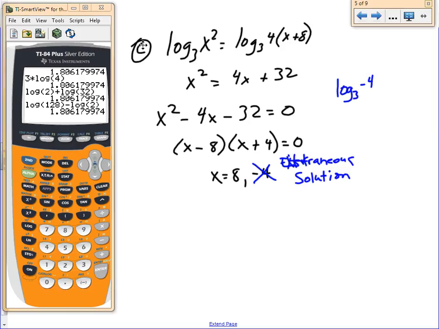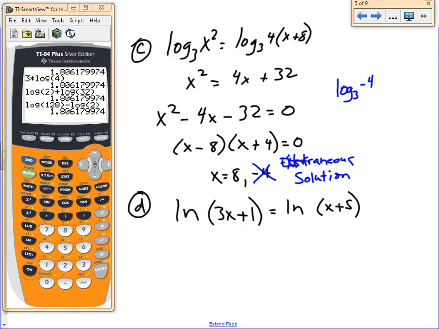Letter D. Letter D is natural log of 3x plus 1. By the way, what is the base in natural log? Natural log is e. So equals natural log of x plus 5. Yeah, just move it to the other side.